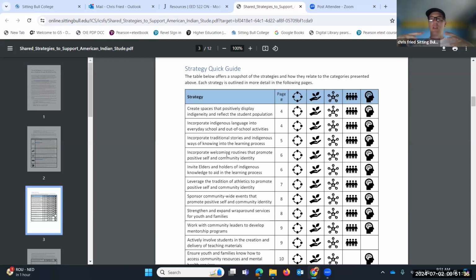These strategies are not as broad as the inductive method or scientific inquiry, and they probably fit into some of those broad instructional strategies or models, but I think it's important that we look at some of these components that we could use in our classroom or even in our organization. For example, create spaces that positively display indigeneity and reflect the student population.